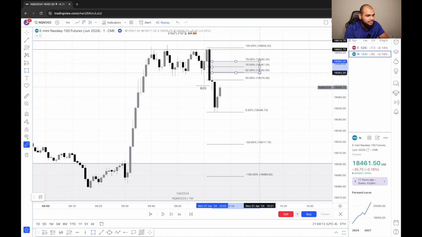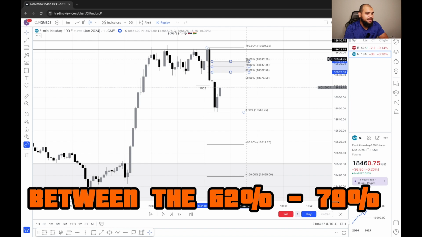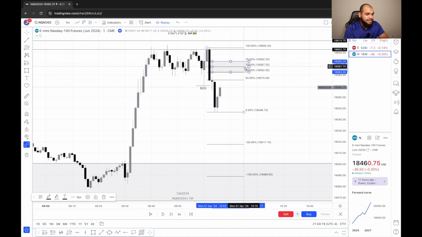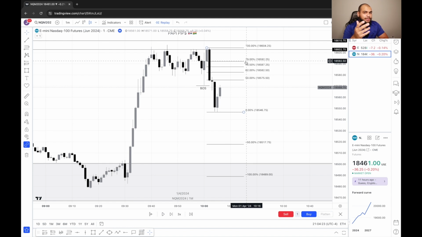From the 62 to the 70%. I prefer the 70.5 and 79%, but it all depends on how much drawdown you want to take. I like that 70.5 to 79%.